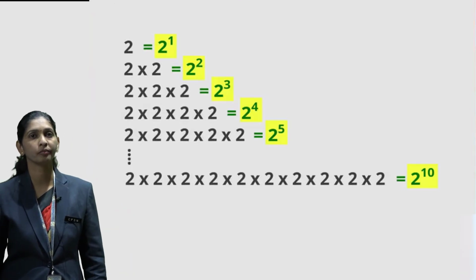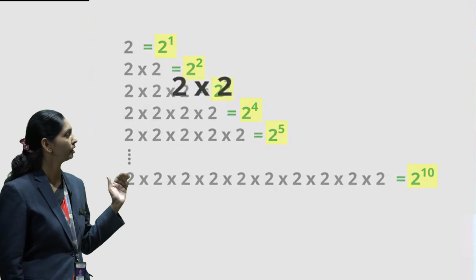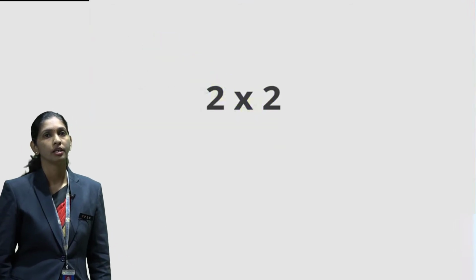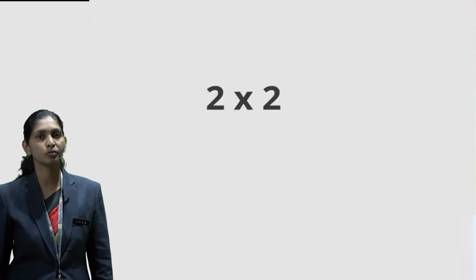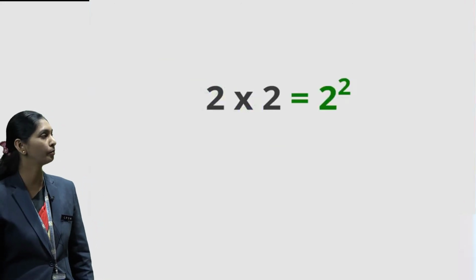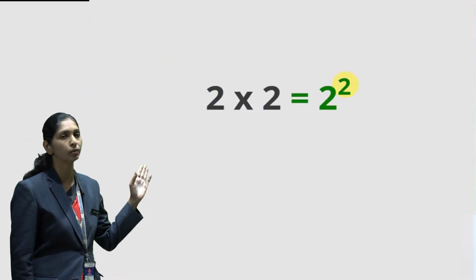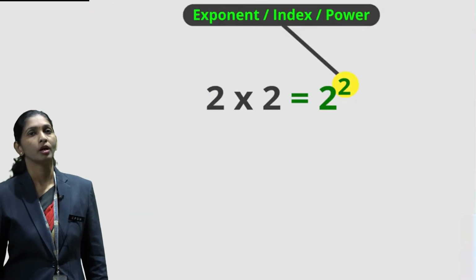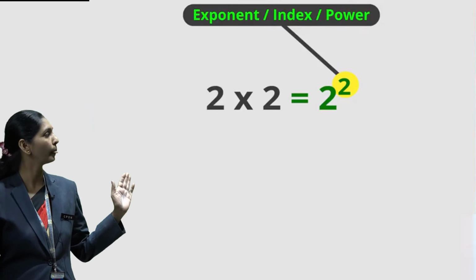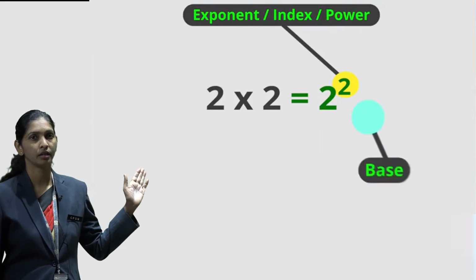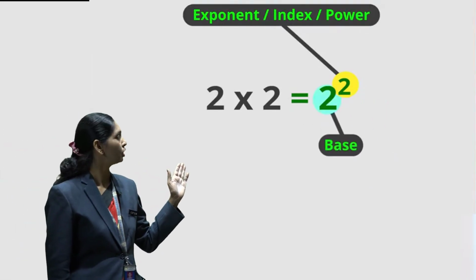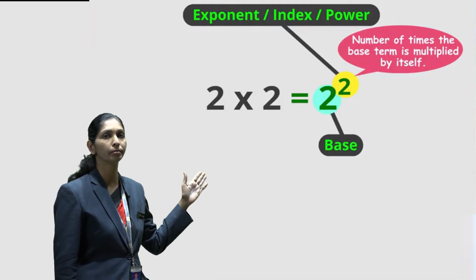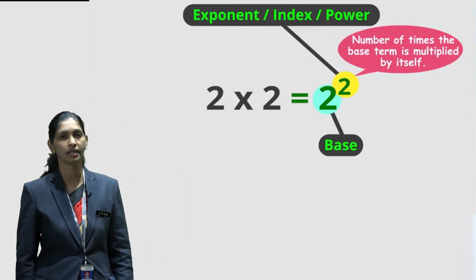So let's say we have 2 multiply 2, how can we write it? Write it in exponential form. That means 2 to the power 2. The exponent is placed at the upper right corner of the base number, and it shows how many times the base number is multiplied by itself.